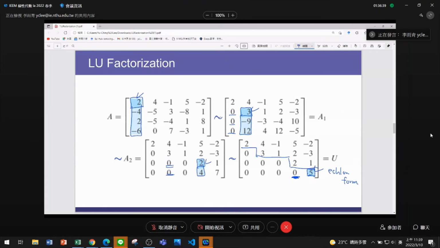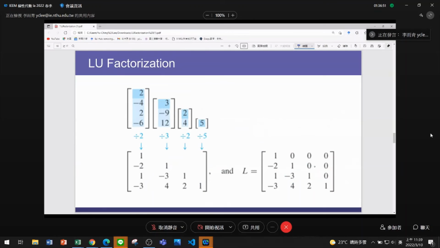But there's nothing below 5, so we do not need to collect it. So in the process of finding the echelon form, we collect the pivots and the numbers below them.